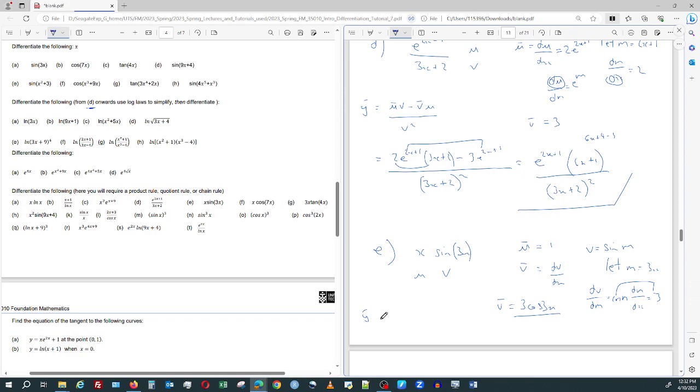So y dash will be equal to 1 times v plus 3 cos 3x, and u is x.